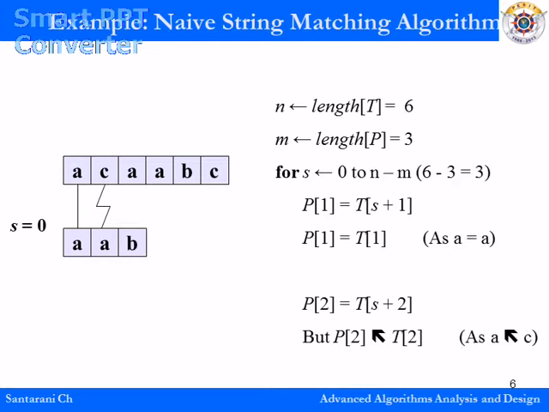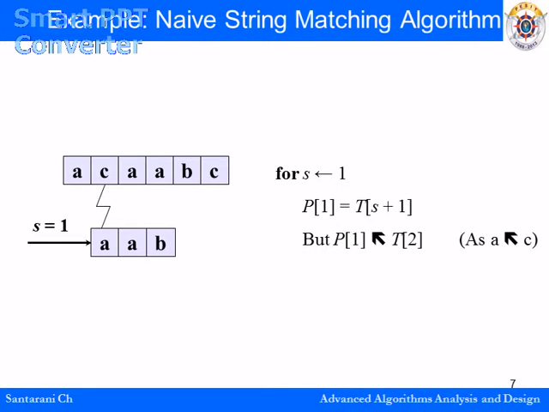For the first shift, s equal to 0, P[1] is A and T[1] is also A, so there is a match. Again, we go to the next, P[2]. P[2] should equal T[s+2], but P[2] is A and T[2] is C, hence there is no match.